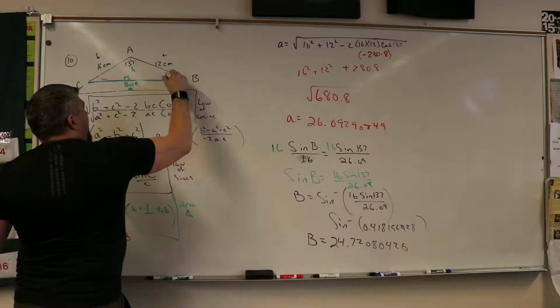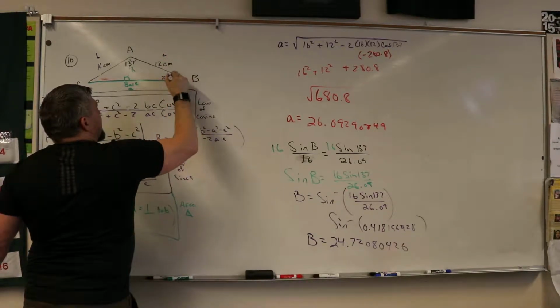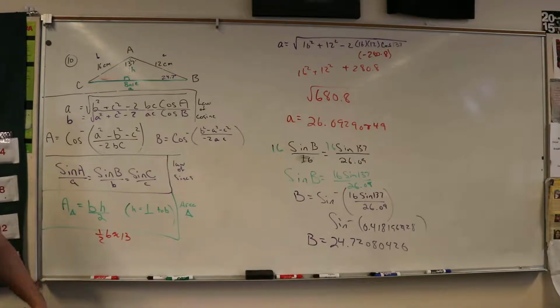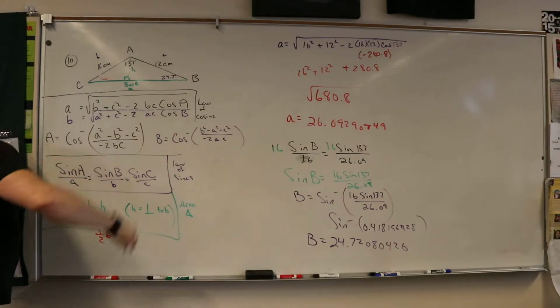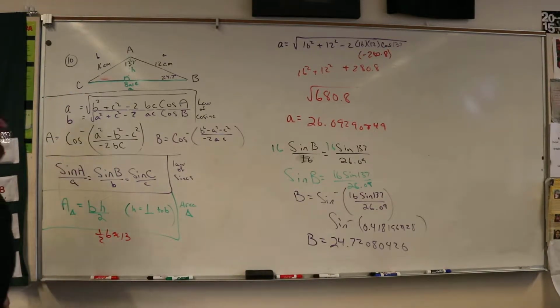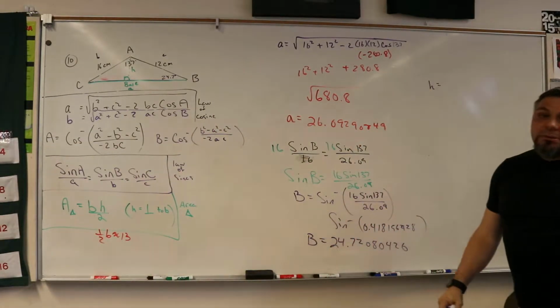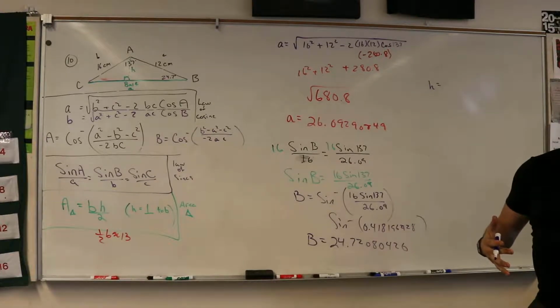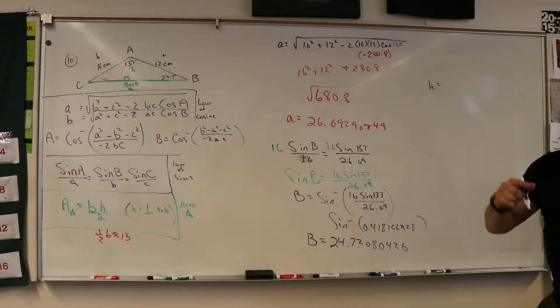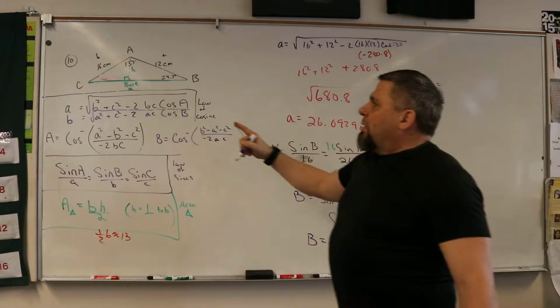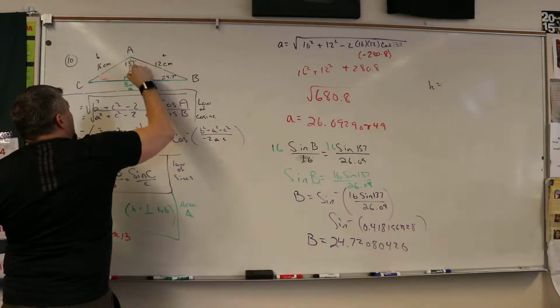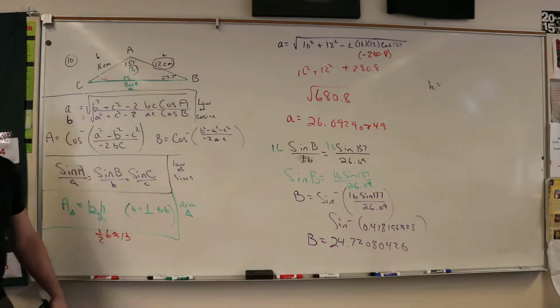So 24.7 degrees. Okay? To find the height, the height is equal to what? Right? We need to know. Okay, well, we want height and we have the hypotenuse, right?